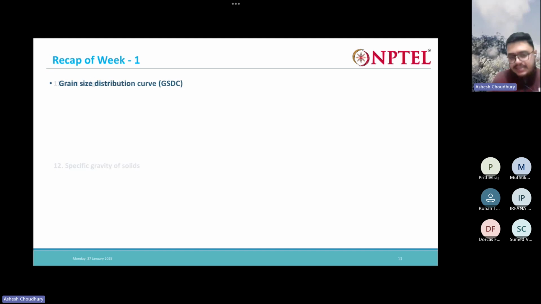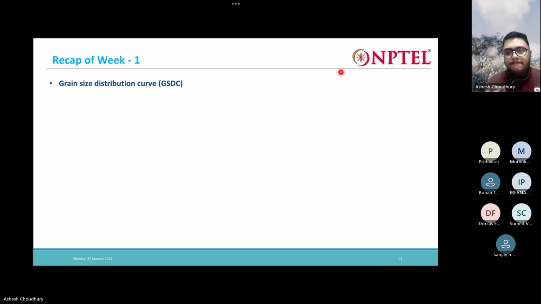Next, you have the grain size distribution curve. So, do you have any idea what you mean by the grain size distribution curve? Any one of you?